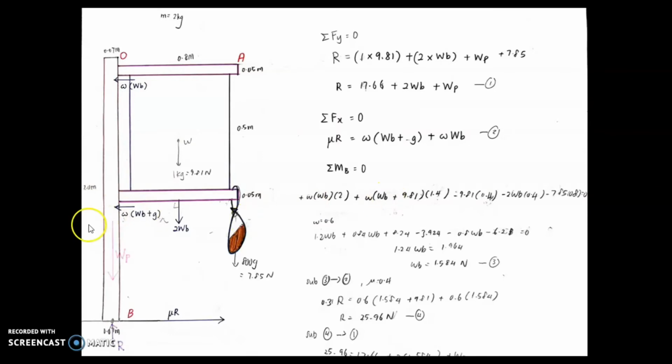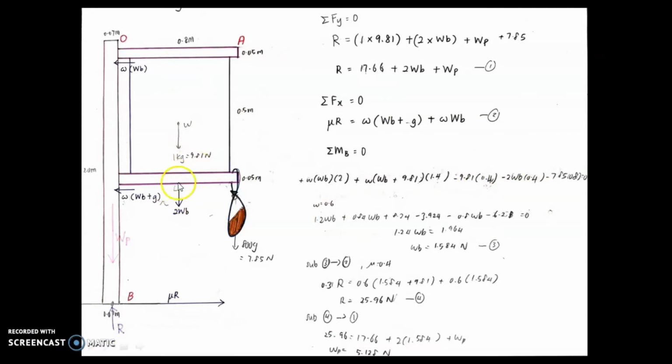And the same goes for the force here, which is anti-clockwise too, so it is also the plus symbol. The 2 is the distance from this force to B, and 1.4 is the distance from this force to B. For the 2WB downwards and also the 9.81 newtons downwards, both forces are 0.4 from point B.